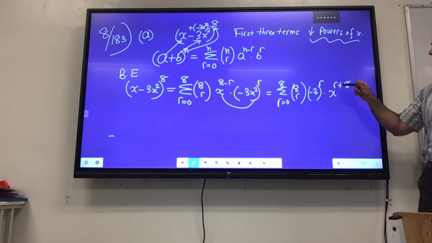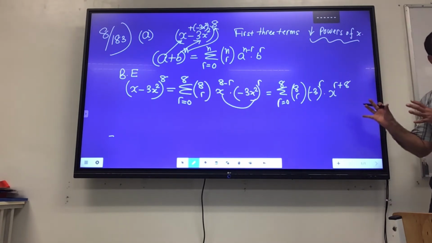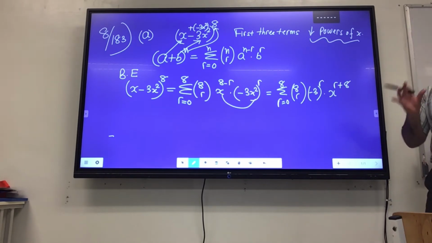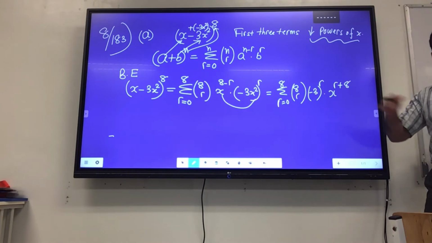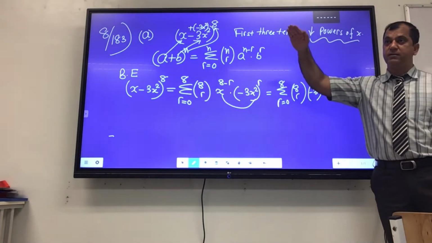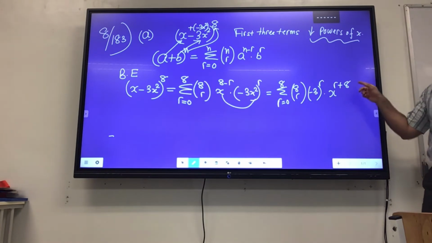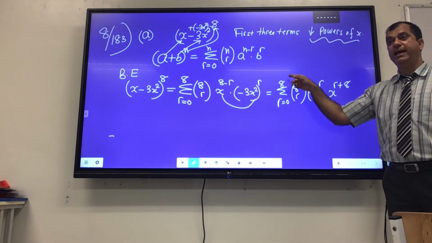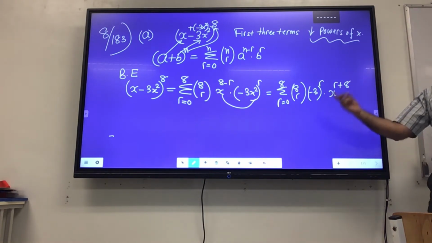So should I take r equal to 0 or 8? 8. So I will write r equal to 8 first, then r equal to 7, r equal to 6. Normally we put r equal to 0 first, and in that way we get ascending power of x. But the question is demanding descending power. To save our time, we plug in the maximum value of r, which is 8, then reduce the values: 7, 6, 5.